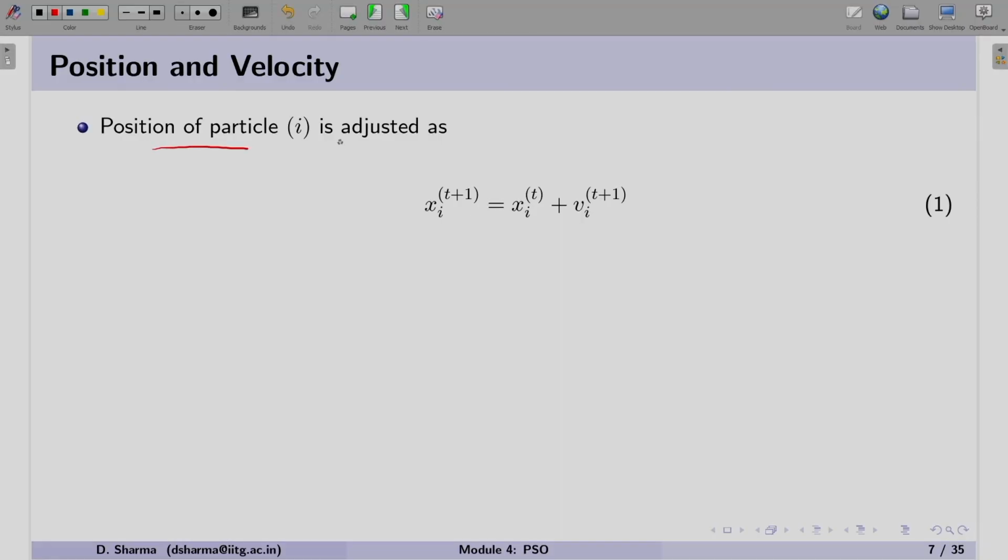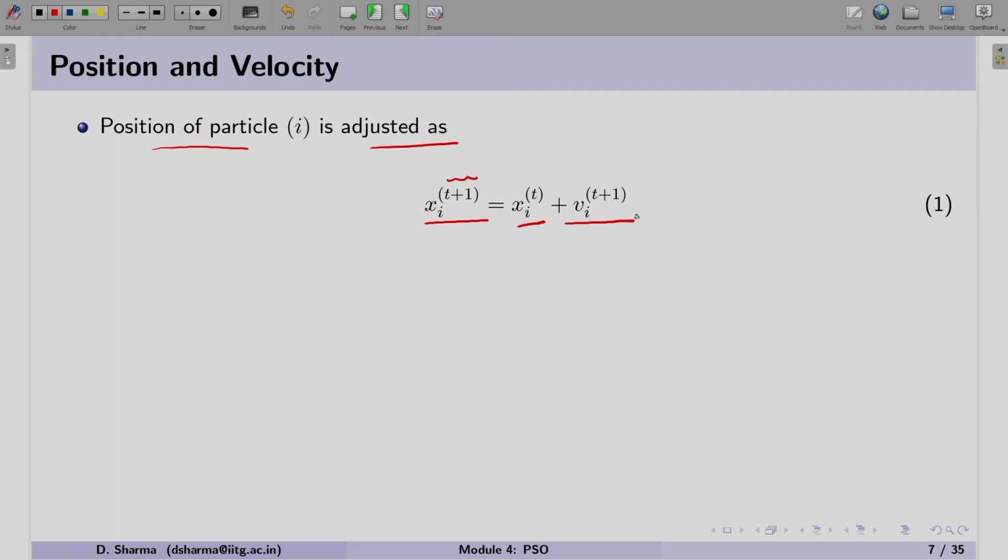Here the position of a particle i is adjusted as you can see in equation number 1. This is particle i in generation t plus 1, so we are looking for the new position. It depends on the current position and the updated velocity V i t plus 1.